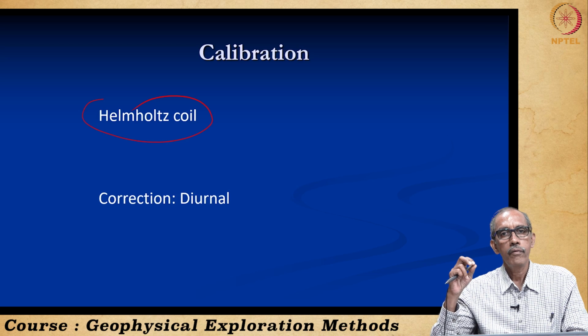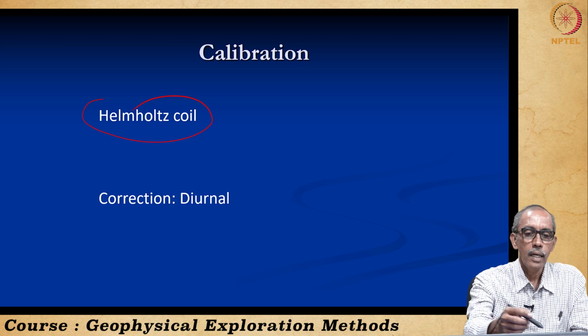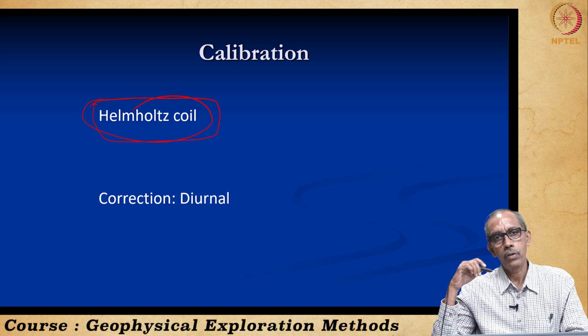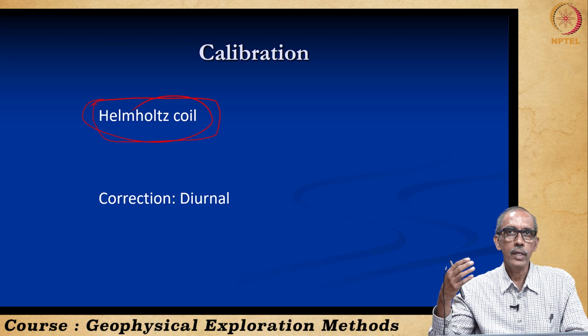Using that provision, we can adjust the meter to show the value that was expected out of the Helmholtz coil which we are using. After making this calibration, we will repeat the measurements using the Helmholtz coil or vary the magnetic strength generated from the Helmholtz coil and recheck, double check or triple check to know whether our magnetometer is working well or not.